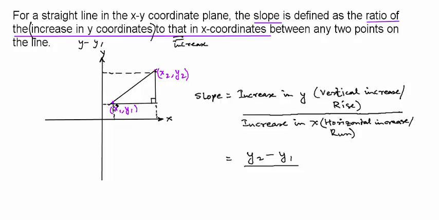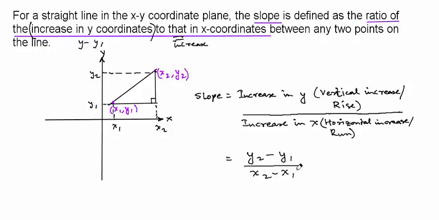So this is x2 and this is x1. So this is going to be x2 minus x1, just like it was y2 over here for this point and y1 over here, the reason why we had y2 minus y1 on the top. So given the coordinates of 2 points on a straight line, you can find the slope or the gradient of the straight line by using this formula.